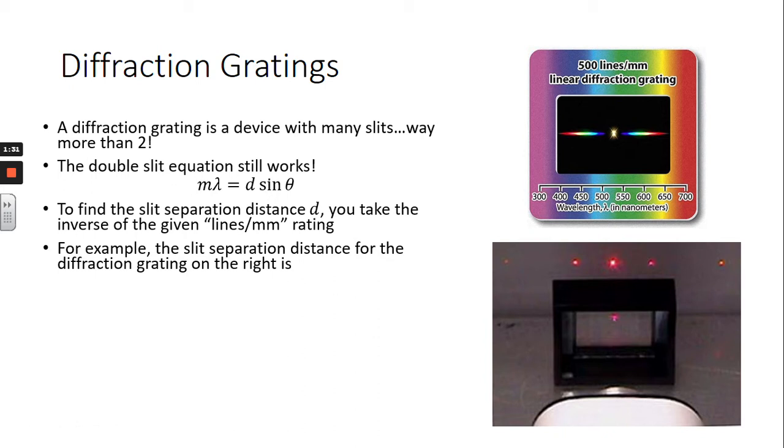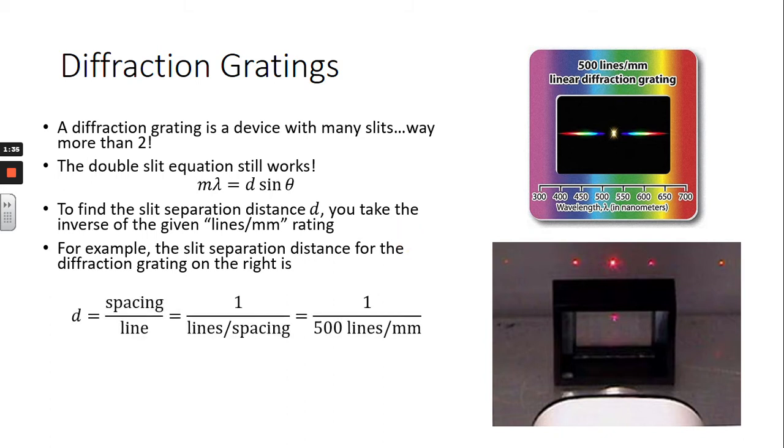So for example, the slit separation distance for the diffraction grating on the right is your spacing per line, which is 1 over your lines per spacing, which is 1 over 500 lines per millimeter, or the distance between each line is 0.002 millimeters.